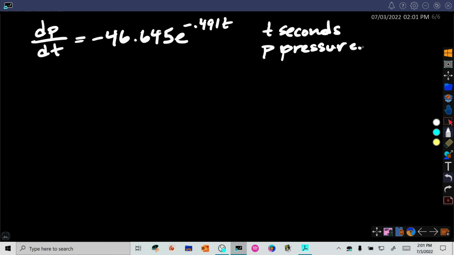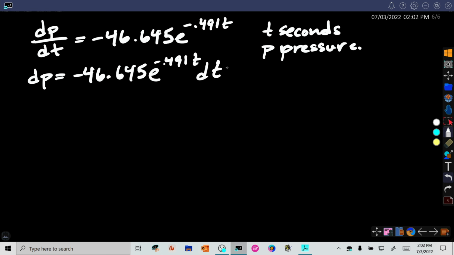So that means that dP is equal to minus 46.645 e to the minus 0.491t dt. And I can take the integral of both sides. Minus 46.645 e to the minus 0.491 dt.